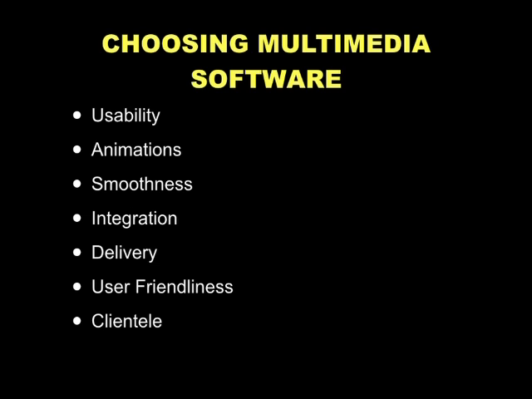User-friendliness. Should be the easiest, most versatile, and have the most pre-built models. Clientele. Should have applications for instructional designers, subject matter experts, training developers, and others. In short, the options available are enormous. All that you have to do is to choose the right hardware and software to complete your multimedia projects.